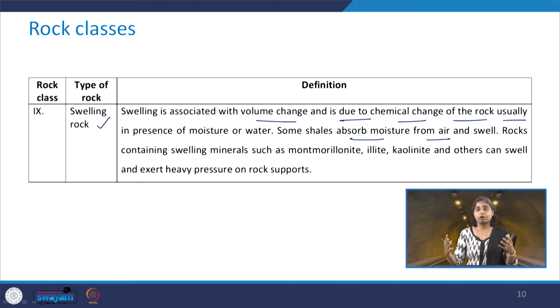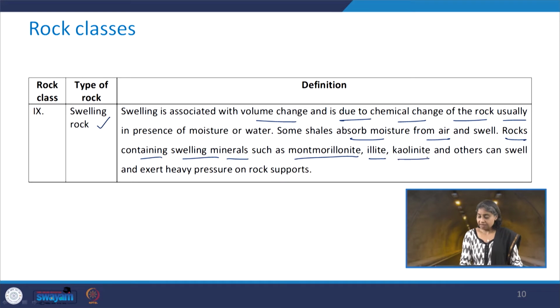That means their volume increases. So any rock containing the swelling minerals such as montmorillonite, illite, kaolinite and other minerals can swell and exert very heavy pressure on rock supports.